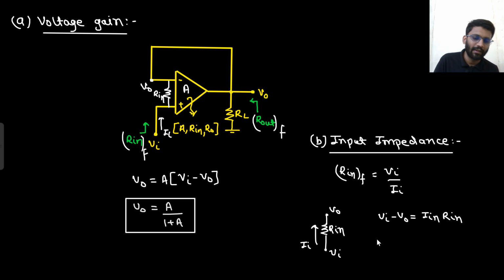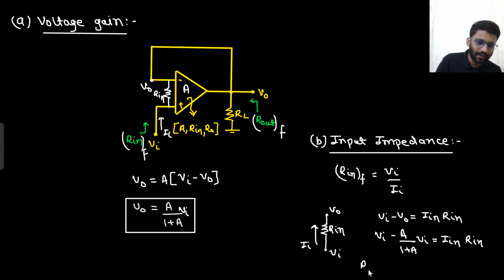Say yes or no? And what is V naught? V naught is A upon 1 plus A into V in. So A upon 1 plus A into V in is equal to I in into Rin. From here you can directly see that your Rin with feedback will be Rin into 1 plus A. That's it.